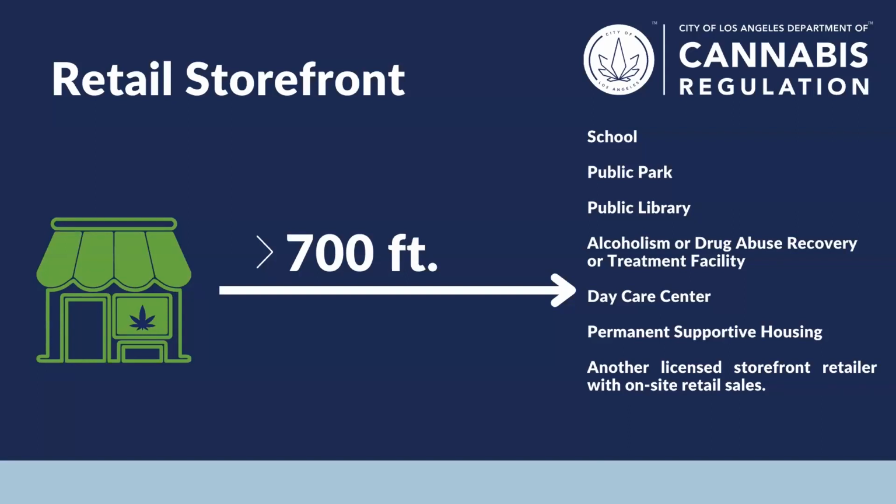So a buffer is created around a retail storefront business with on-site sales the earlier of when a license has been issued, the temporary approval application fee has been paid, or the business premises relocation fee has been paid.